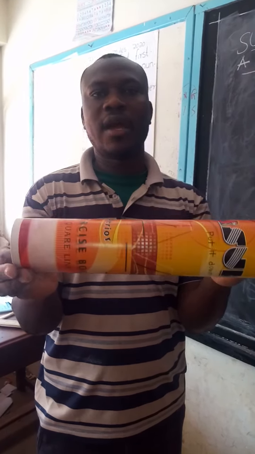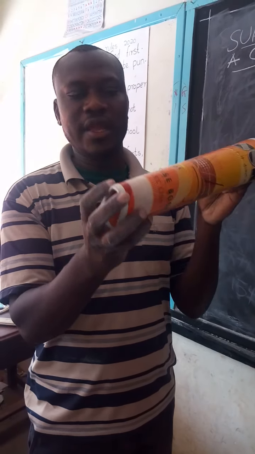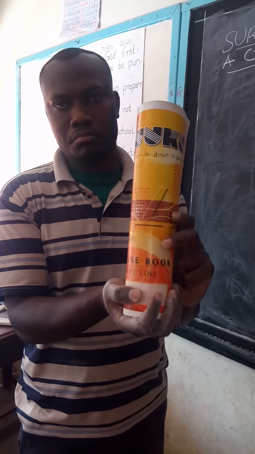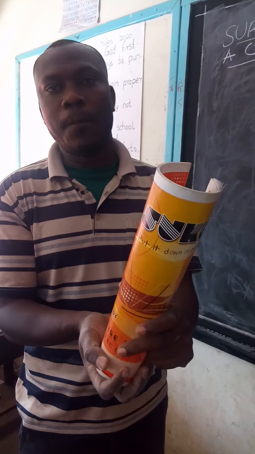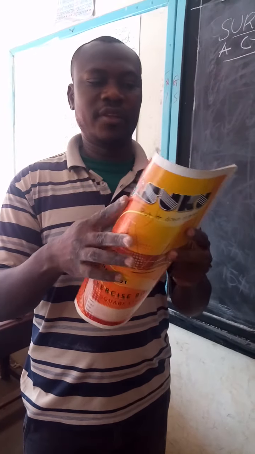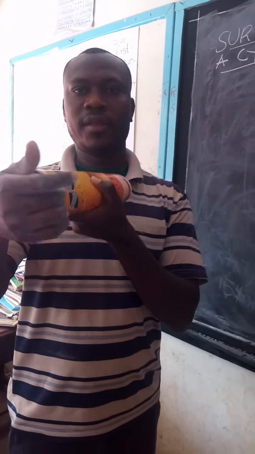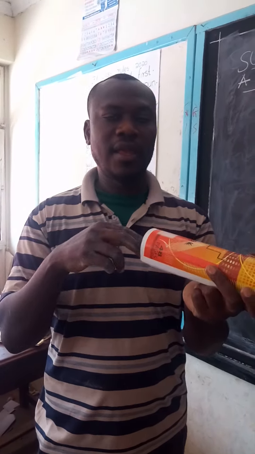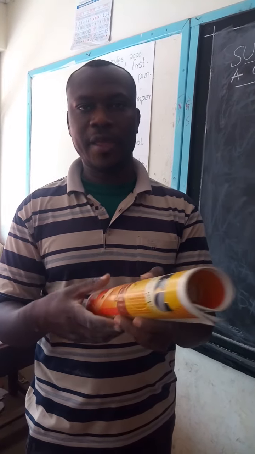It will be called a closed cylinder. It can also have a lid only at the bottom. It will be called an open cylinder. And when it does not have a lid, like this of mine, it's a throughway. This one is called just a curved surface, or you can call it a pipe.